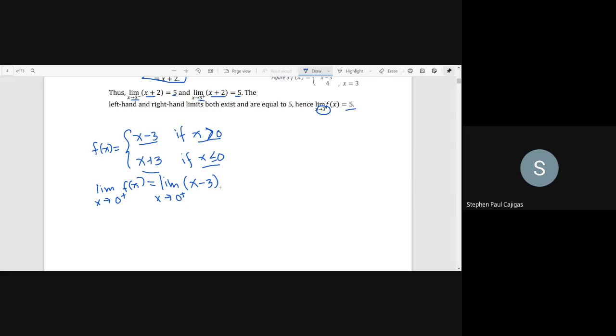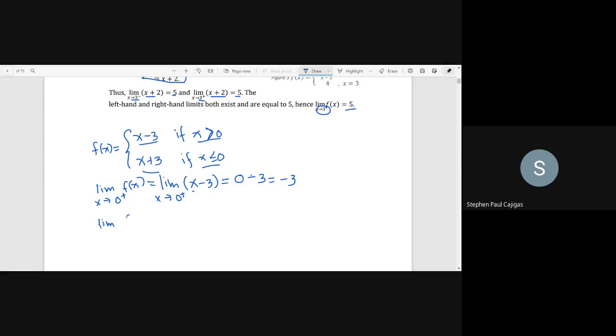So as x approaches 0 from the right, this is what we use. By the way, when can you remove the limit sign? Once you start substituting. Before you substitute, do not remove the limit sign yet. Now we can substitute. So 0 minus 3, and of course, this is equal to negative 3.